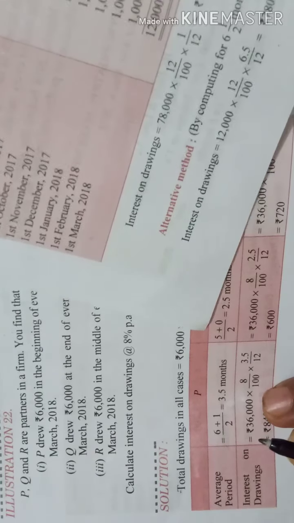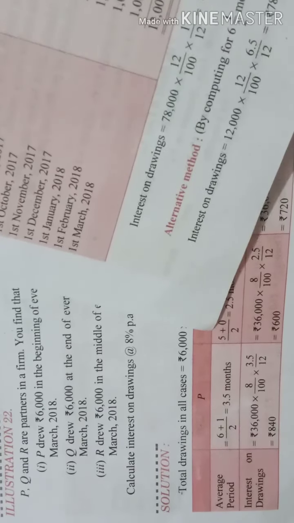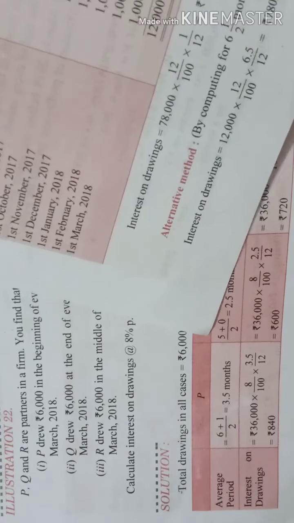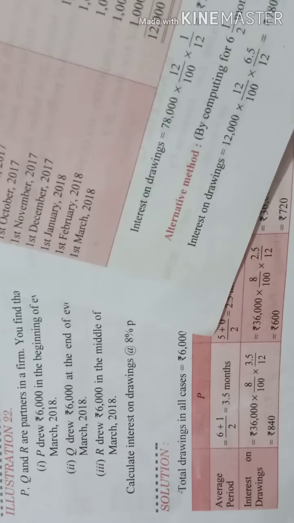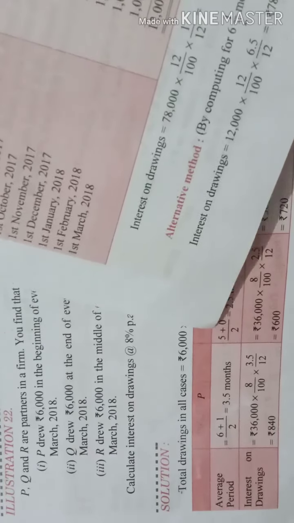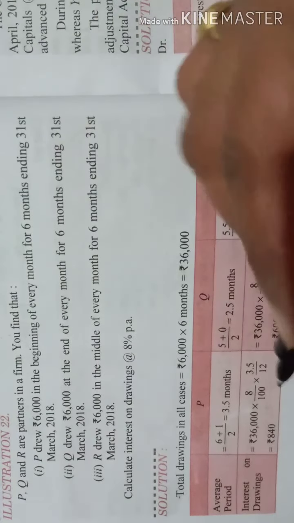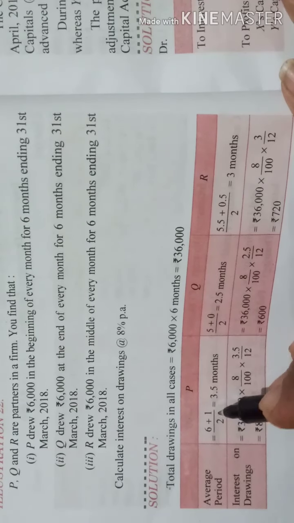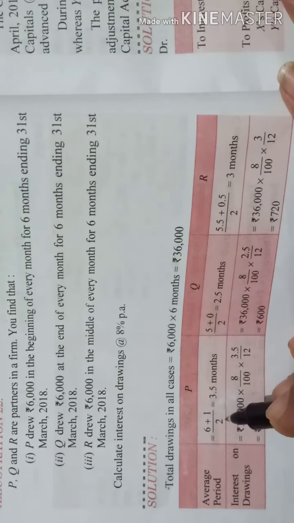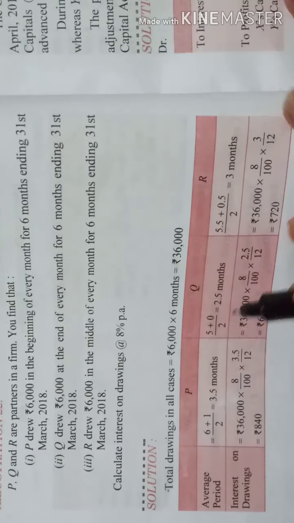See, if I withdraw in the beginning of every 6 months, right? So the last withdrawal will be in the month of March, right? Now beginning of March, that is 1st March, a complete 1 month remains, right? So it will be 6 plus 1 divided by 2. If I calculate the average time period, that will give me 3.5.